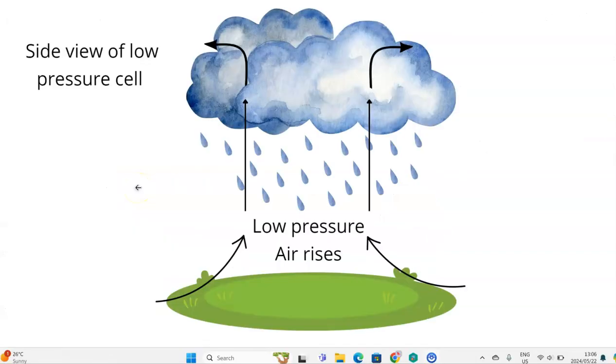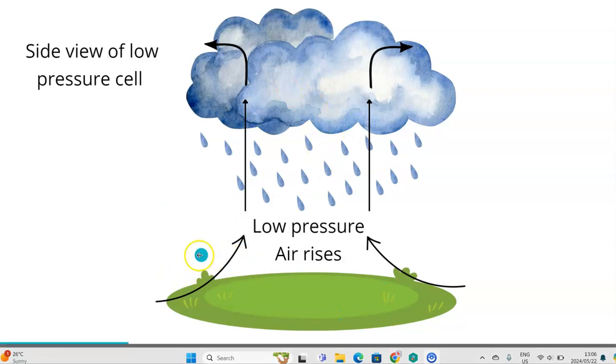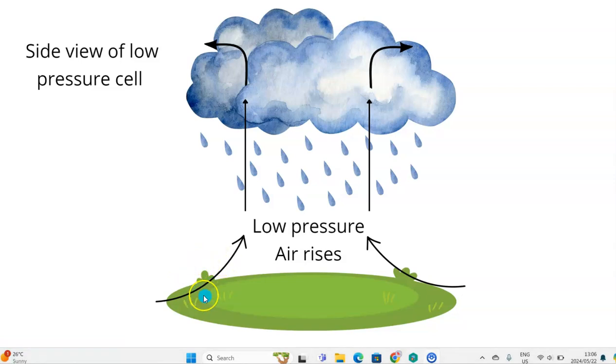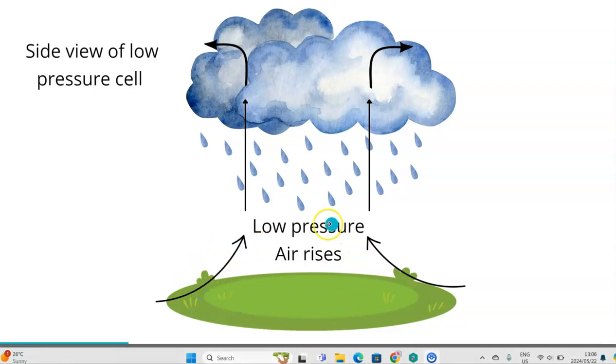Alright, I've included a side view of a low pressure cell because often we have a look at the top view and you think, what's going on here? But this is what it looks like on the side. So the converging winds that are coming together would blow in here at the bottom, and it would normally be warmer air that is blowing in.